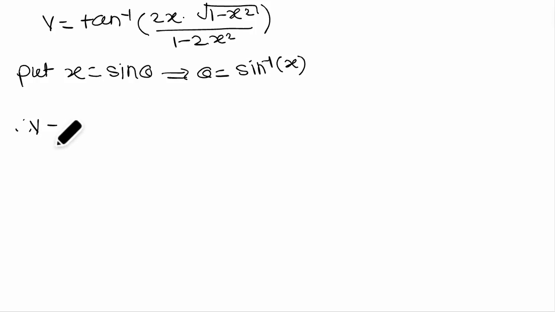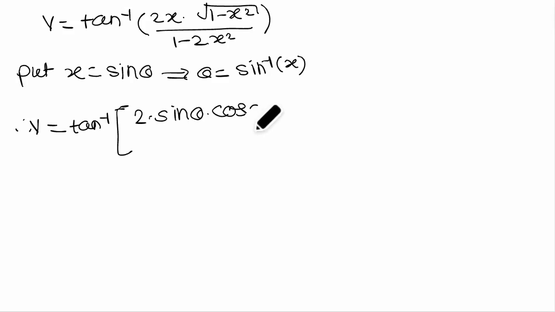So what will be the v? v equals tan inverse of, in the bracket, 2 into sin theta, and in the bracket 1 minus sin square theta will be cos square theta. So square root of cos square theta will be cos theta, upon 1 minus 2 sin square theta.